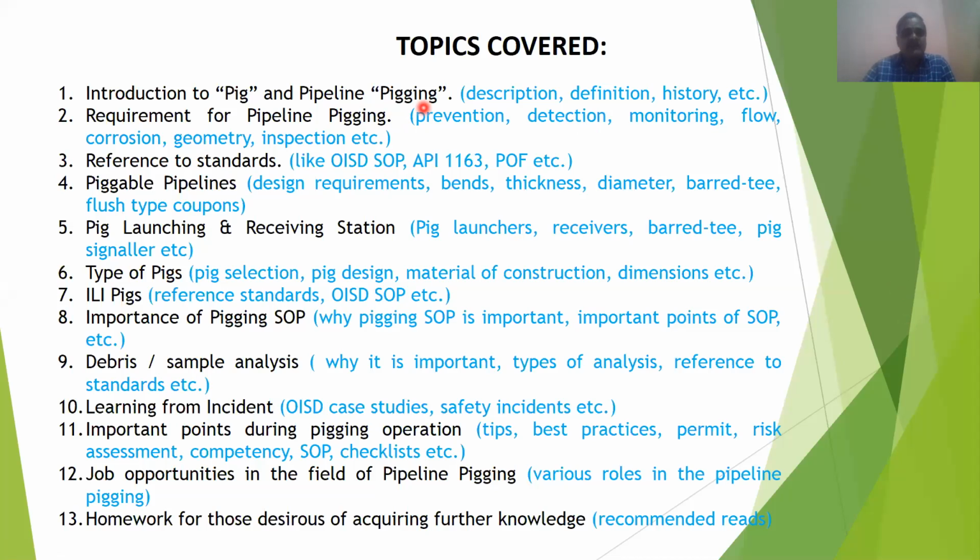Point number 2, requirement for pipeline pigging: prevention, detection, monitoring, flow, corrosion, geometry, inspection, etc. Point number 3 refers to standards like OISD, SOP, API 1163, POF, etc. Piggable pipelines, design requirements, bends, thickness, diameter, varieties, flush type, coupons.